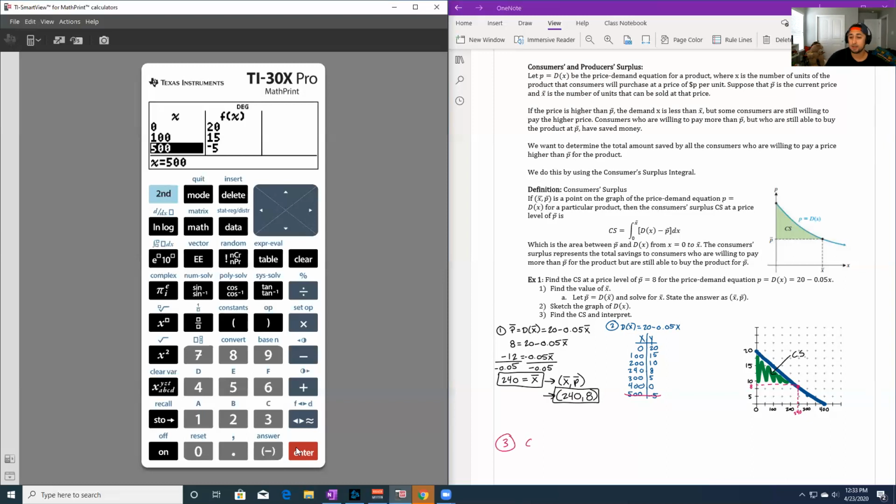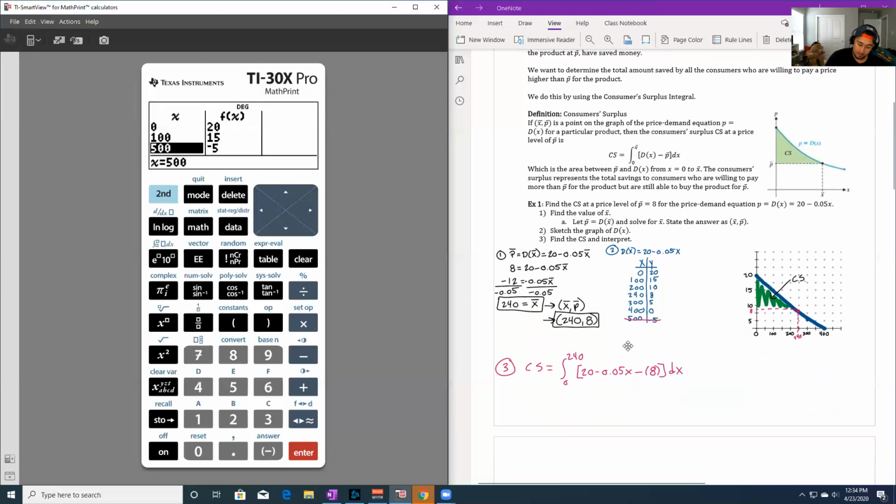My consumer surplus is going to go from the integral of 0 to x bar, and our x bar value here is 240, of the quantity 20 minus 0.05x, minus p bar, which is 8, dx.